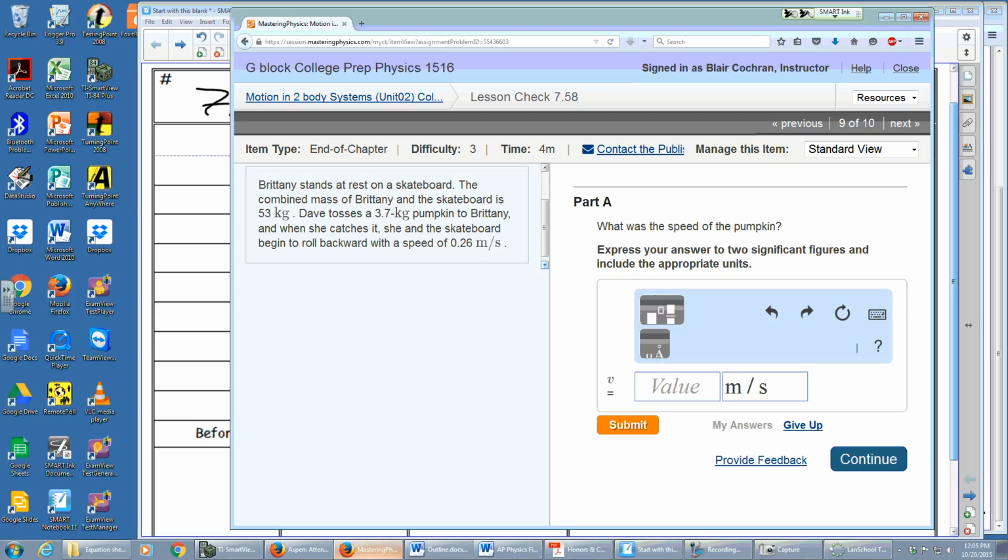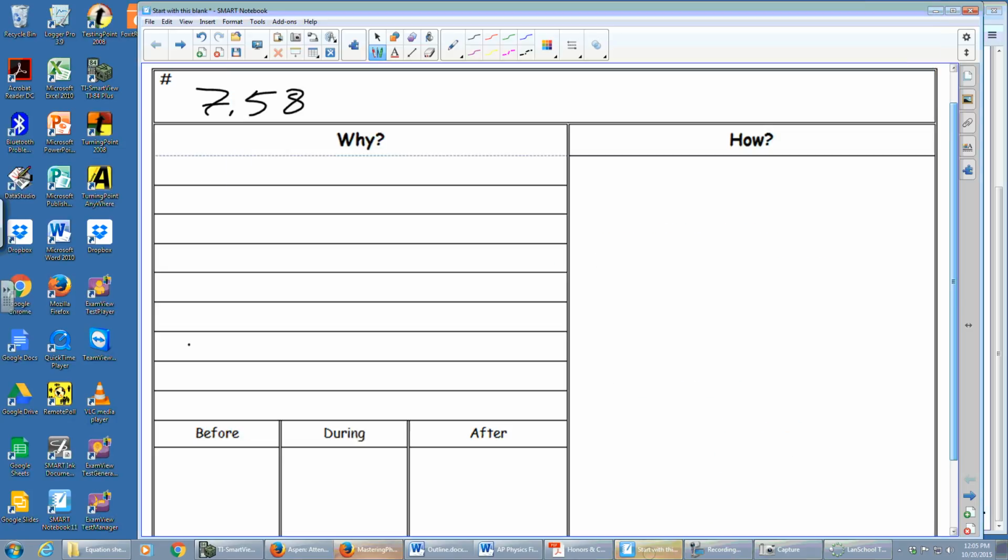Since Brittany and the skateboard are really one object, your other object is the pumpkin. All right, so I might actually even put that into my y, that it's an inelastic collision.